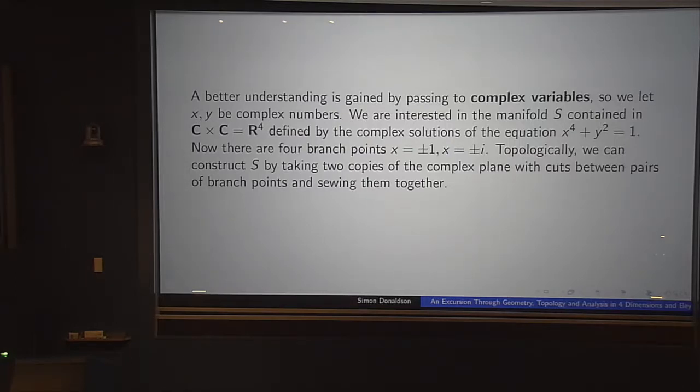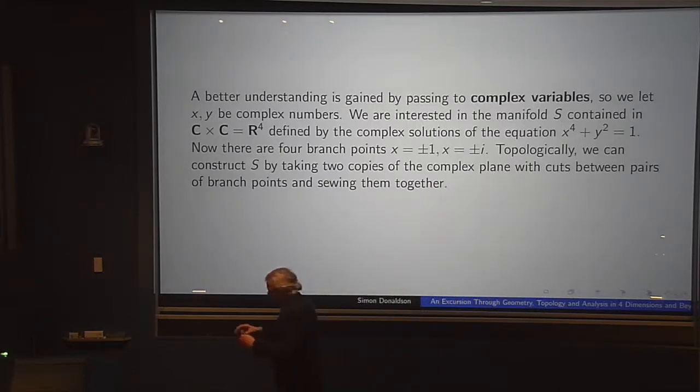So now, of course, we're not so used to thinking about something sitting in 4 dimensions as we were to drawing the curve in the plane. But we can try to do that, and the same general ideas apply. We look at the branch points, which are the solutions of x to the 4th equal to 1. So now there are 4 of those in the complex numbers: x is plus or minus 1, or plus or minus i.